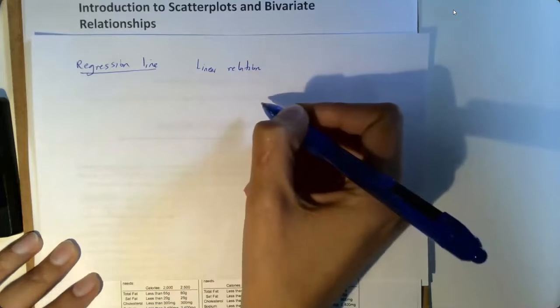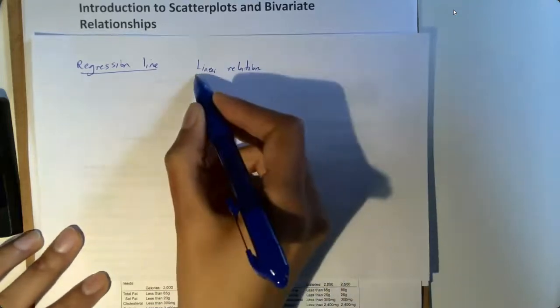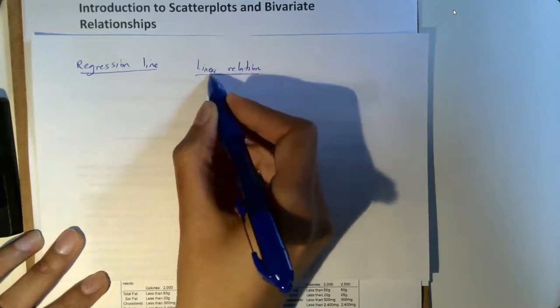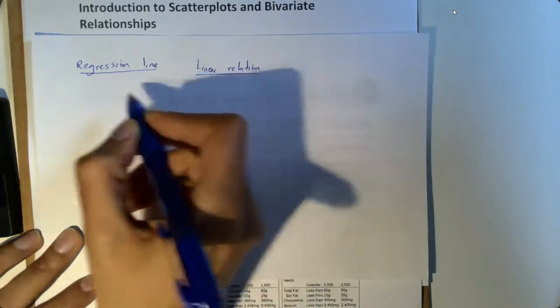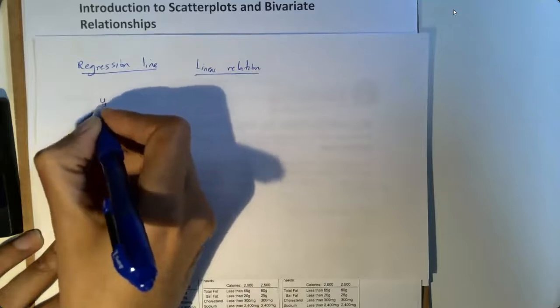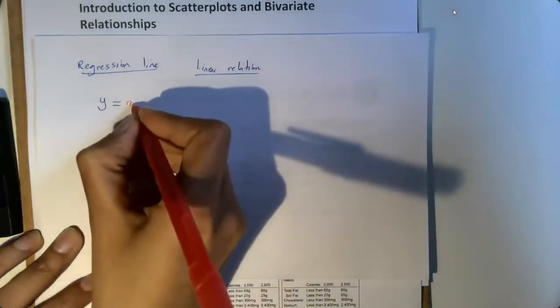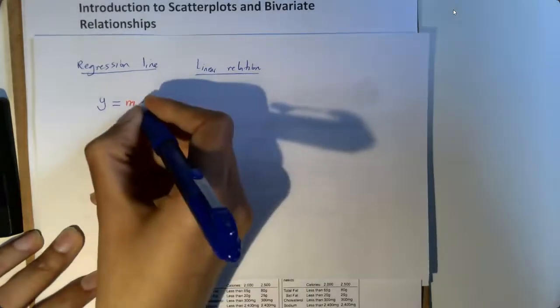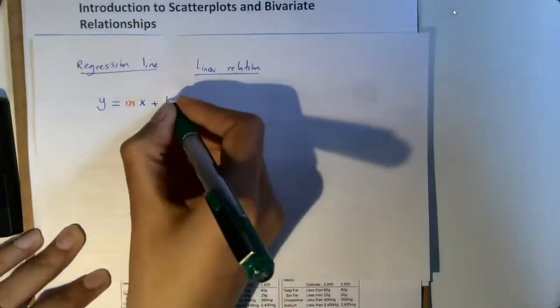between X and Y. When we're talking about a linear relation, it means that we have y equals m times x plus another constant like b.